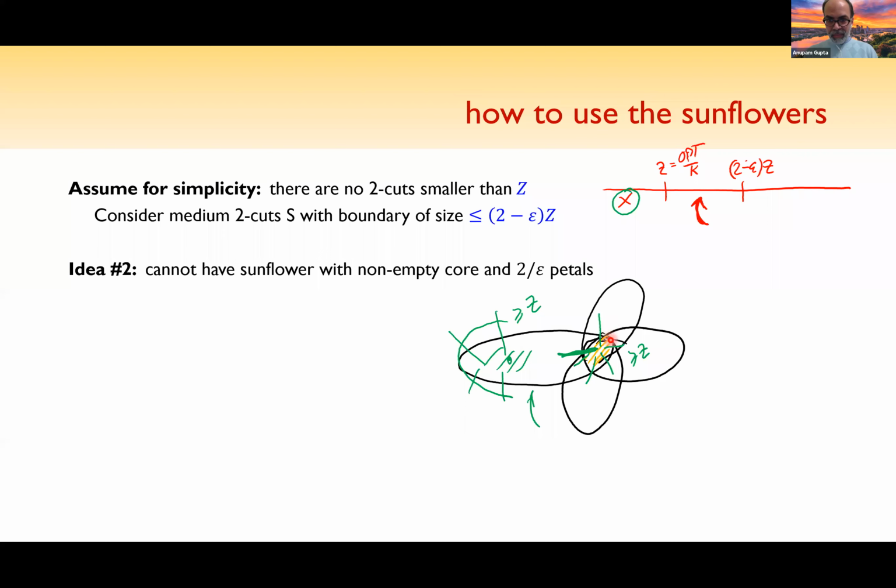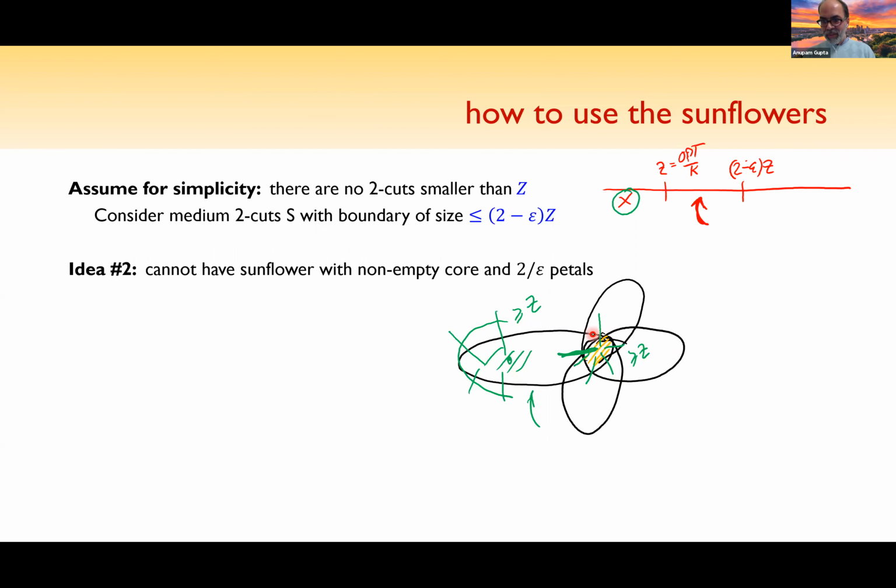But now look at this set again. It has size at most 2 minus epsilon z. For every other petal, there's epsilon z on this, epsilon z on this, epsilon z on this, and so on.